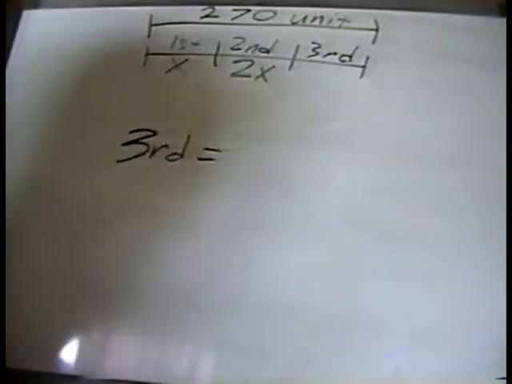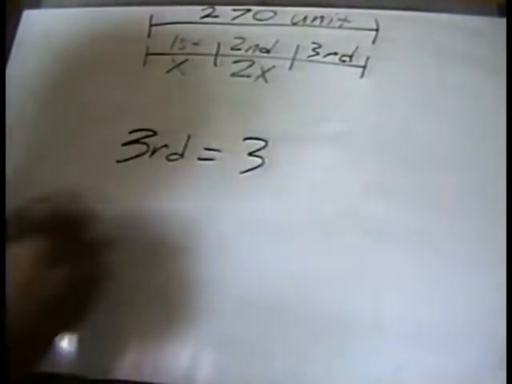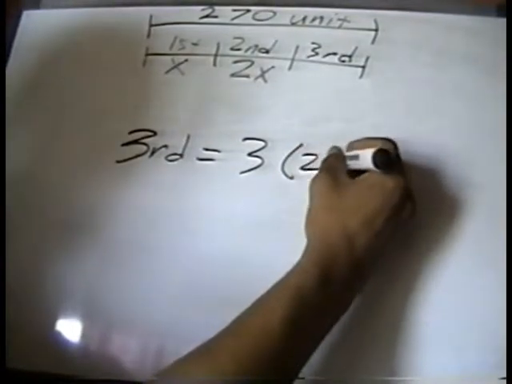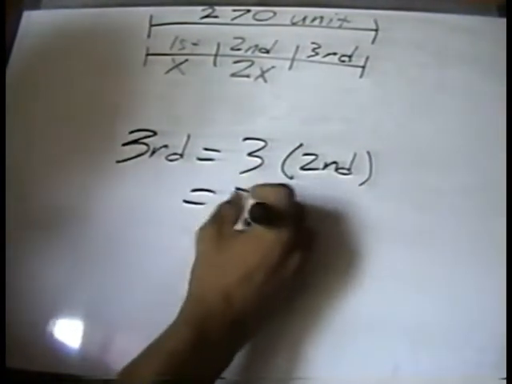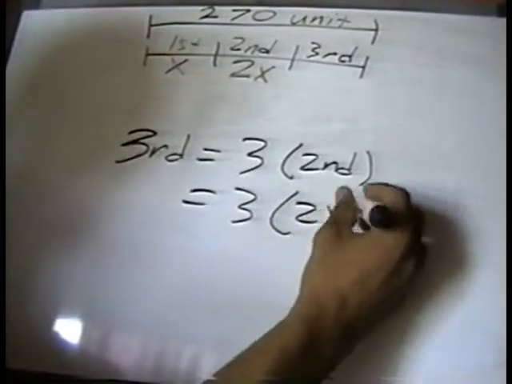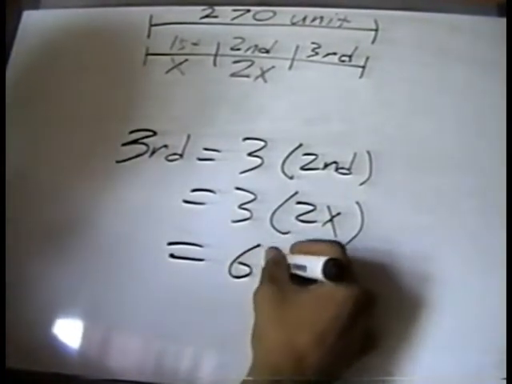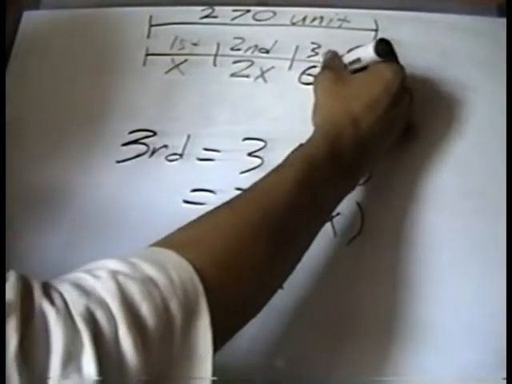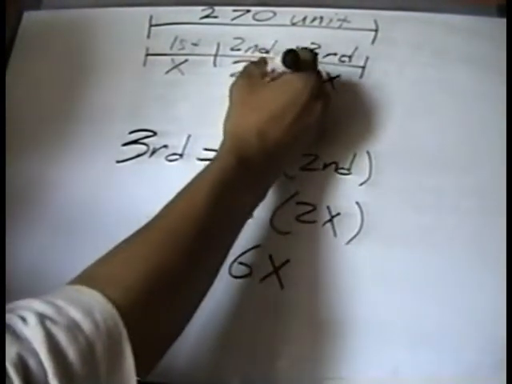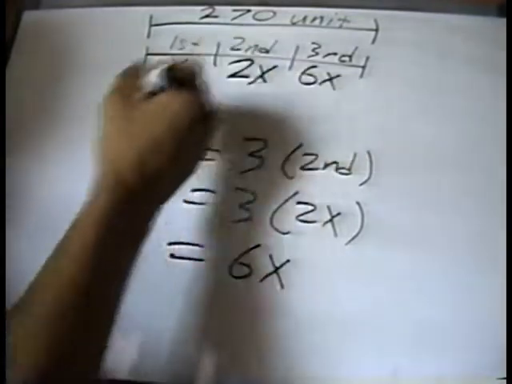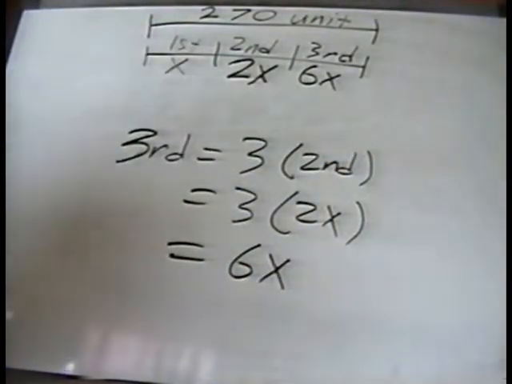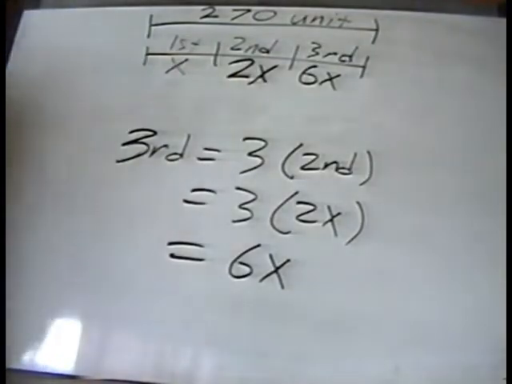The third part is 3 times as long as the second part. So the third part, okay, the third part equals, it says 3 times as long as the second part. Or 3 times 2x, or 6x.